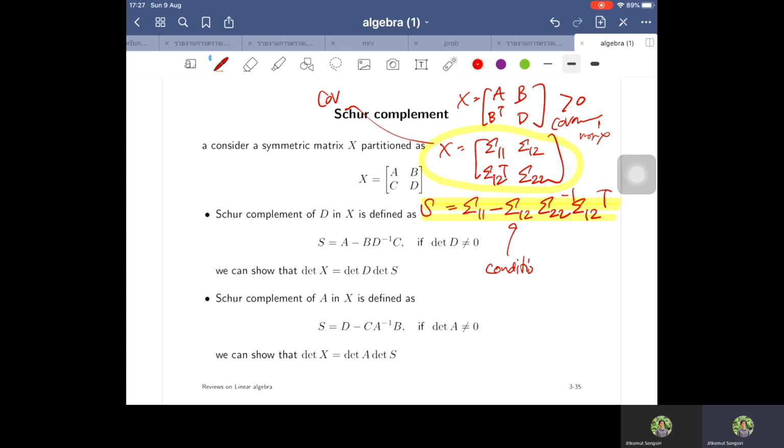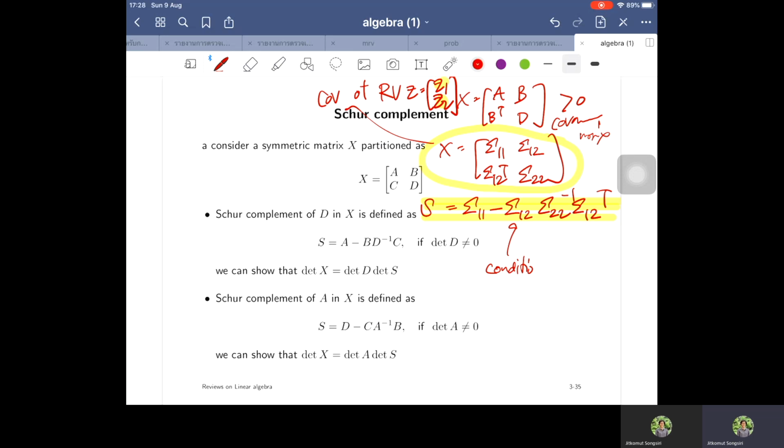Suppose this is the covariance matrix of a random vector, let's call it Z. Z has two partitions of components, Z1 and Z2.